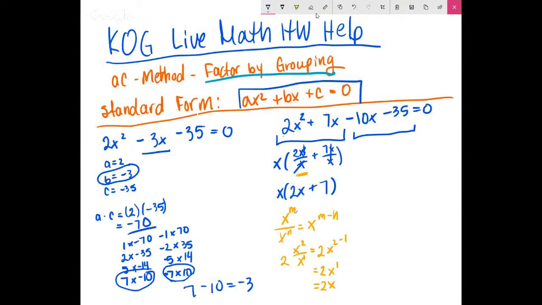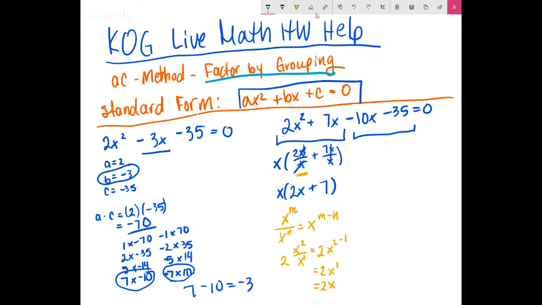Okay, so this is a challenge problem. And in the next group, we have negative 10x minus 35. Let me hurry up because I gotta do system of equations.